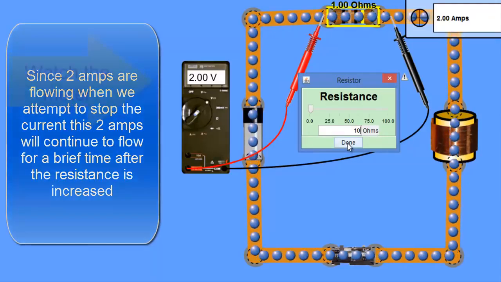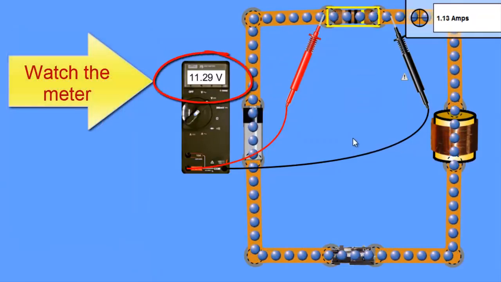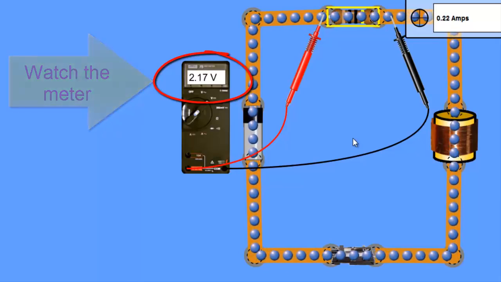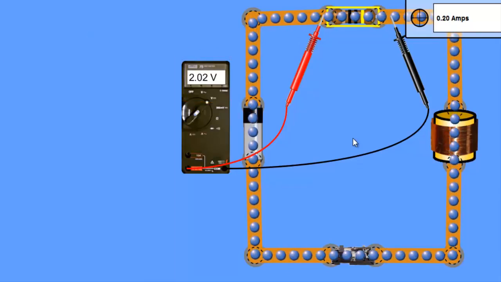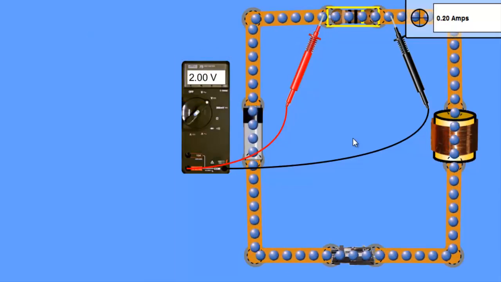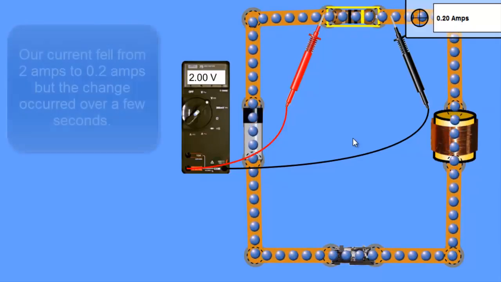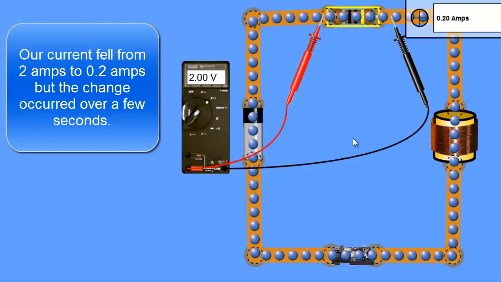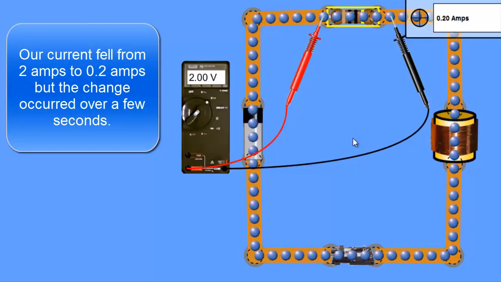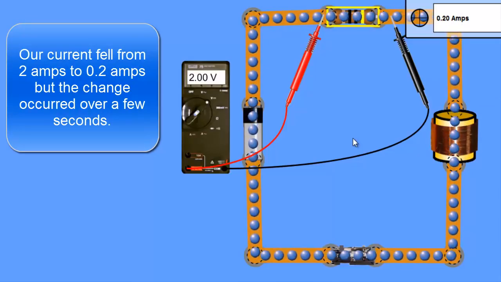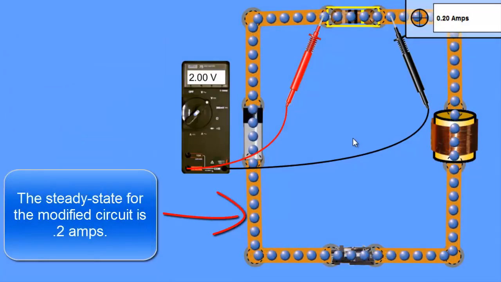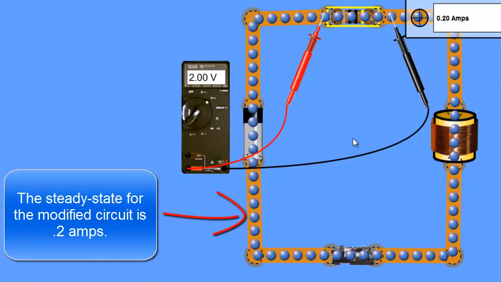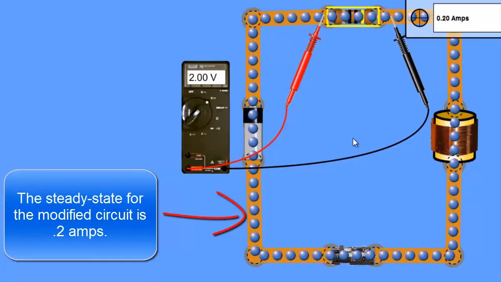Look at the voltmeter when I commit this change in resistance. If you noticed, it started out around 20 volts. It was so quick it came down to 17 pretty fast. The voltage started out at a high voltage, around 20 volts, came down rapidly to 2 volts, and now our current is 0.2 amps, which is what we would expect if we had a 10 ohm resistor and a 2 volt battery. 2 volts divided by 10 ohms is 0.2.